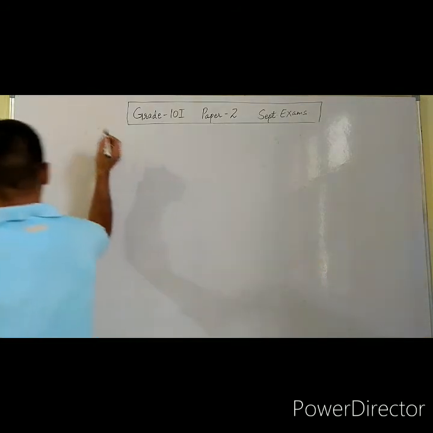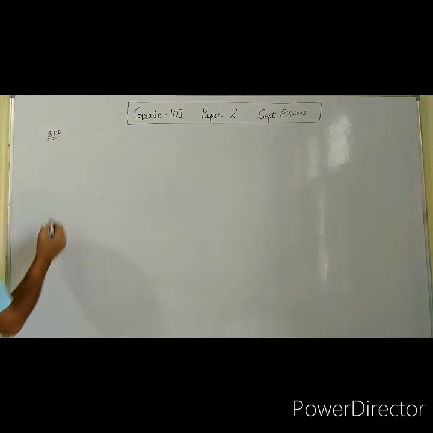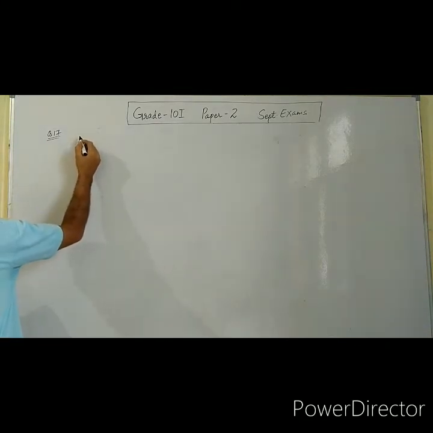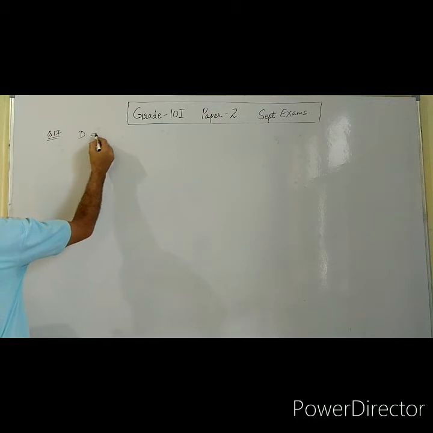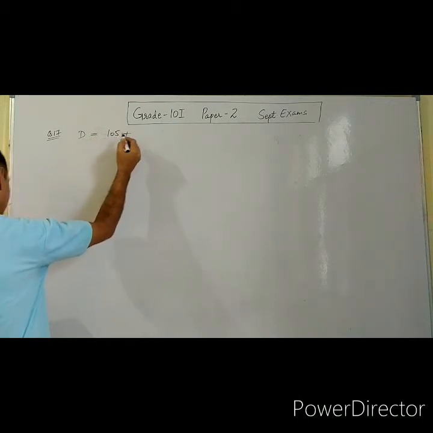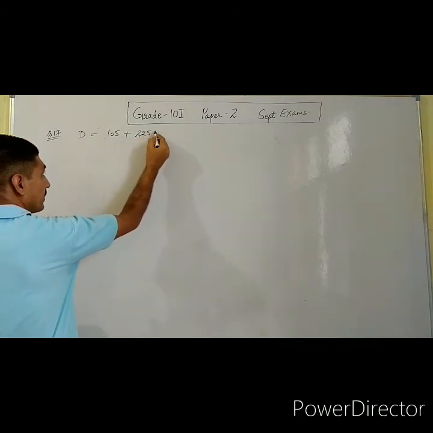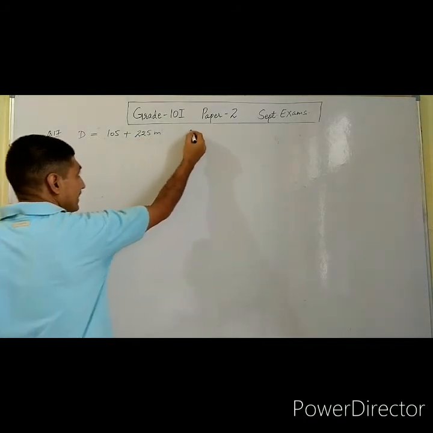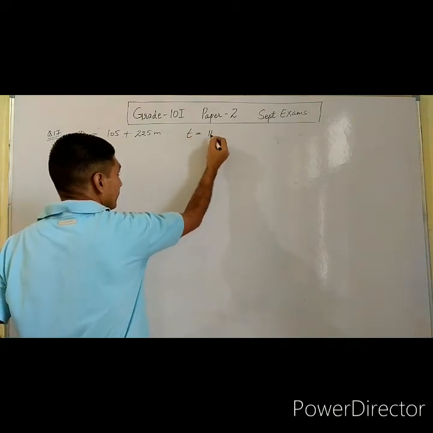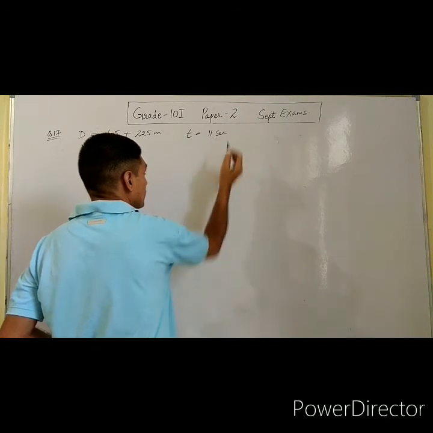The total distance is the length of the train, that is 105 meter, and the length of the station, that is 225 meter, right? Whereas the time is given, that the train took 11 seconds to pass, right?